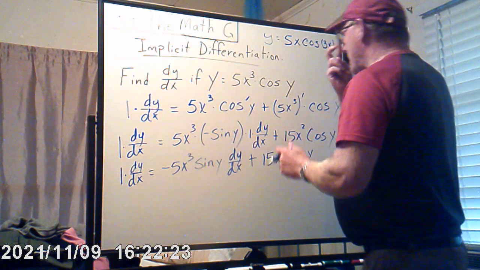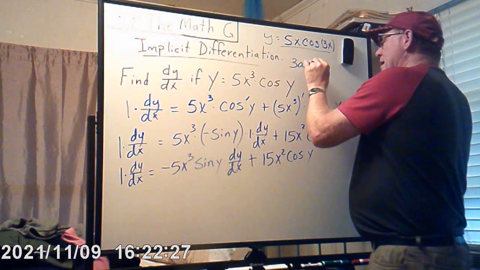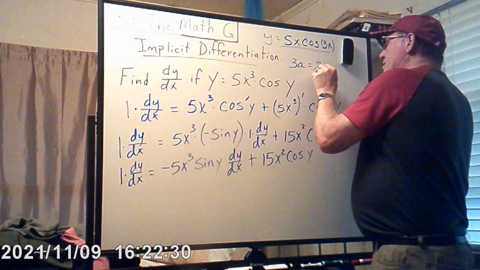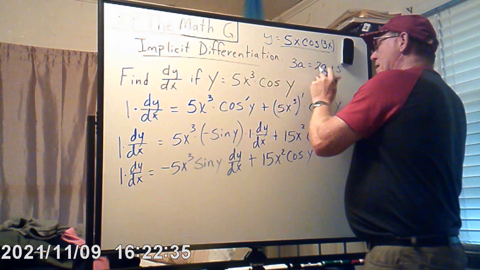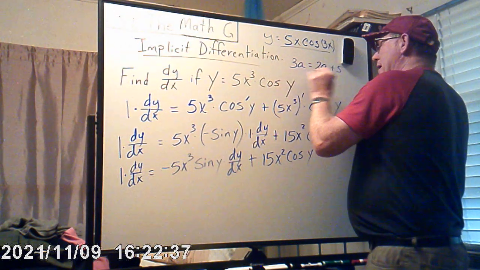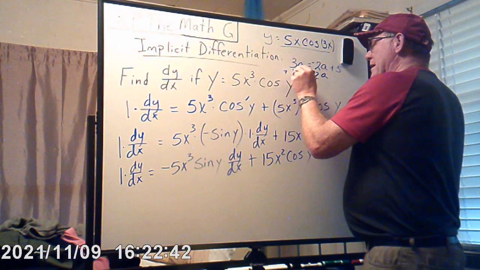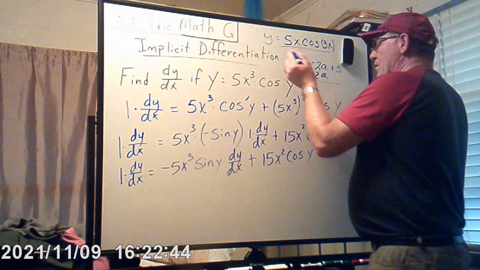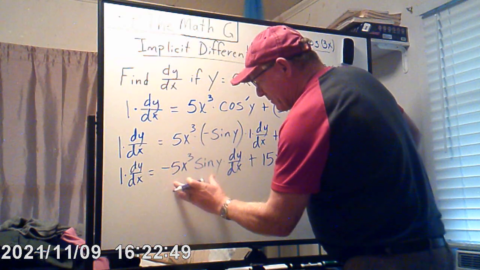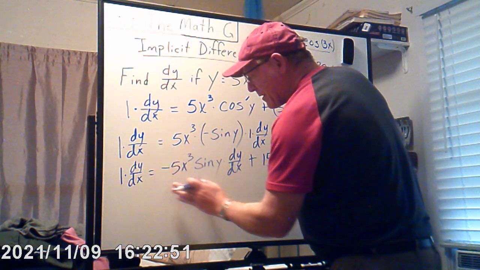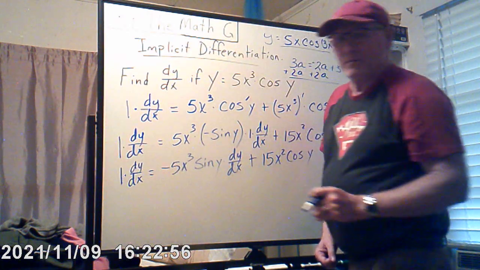It's kind of like if you have a problem like 3a is equal to 2a plus 5. Then you want to remember you move that 2a by just adding the opposite. And if this were a negative, we're going to add the positive, and then you just go from there. So that's what we're doing here. Moving the negative from the right side to the other side, it becomes positive.